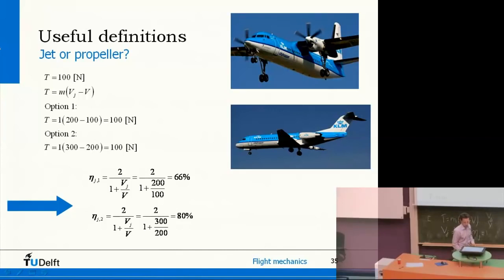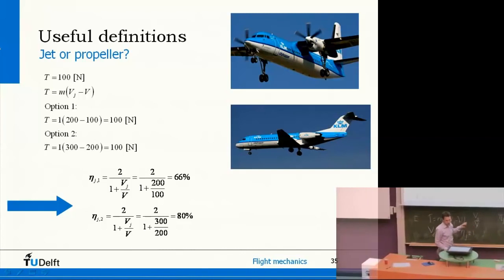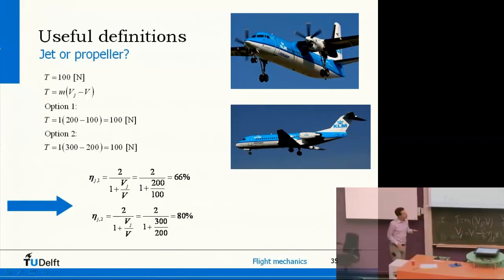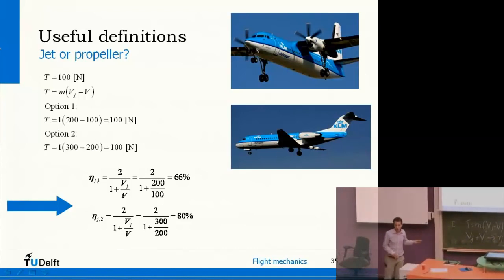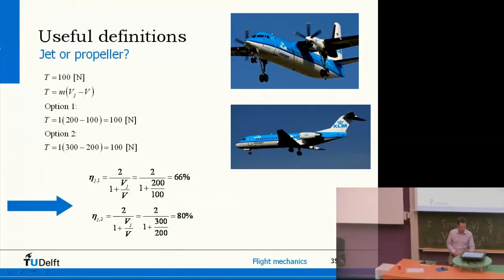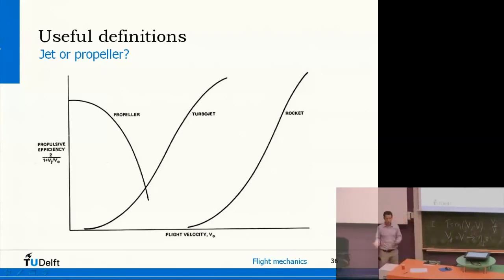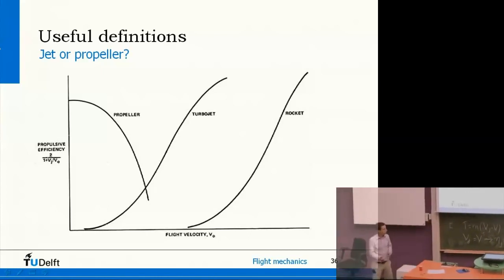And this is why you see that the question whether you need a jet or a propeller, a propeller isn't worse than a jet. In fact, even though it may look older, a propeller is better at lower speeds and a jet engine is better at higher speeds. So basically for each speed at which you're flying, there is a certain propulsion system which is most efficient. So at low speeds you might want to use a propeller.